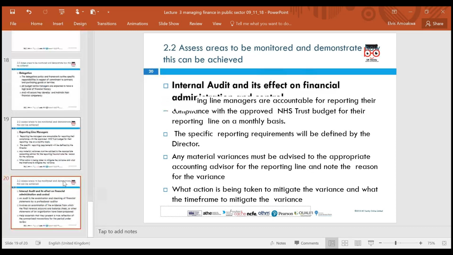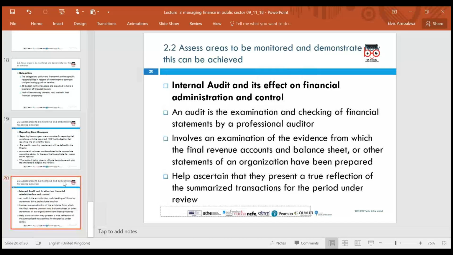Apart from reporting line managers, we look at internal audit. We can monitor and control through audit. Audit is also one of the powerful tools that we can use. An audit is simply an examination or checking of financial statements by a professional auditor. That involves an examination of the evidence from the final revenue accounts and the balance sheet or other statements, which could be the cash flow or whatever.